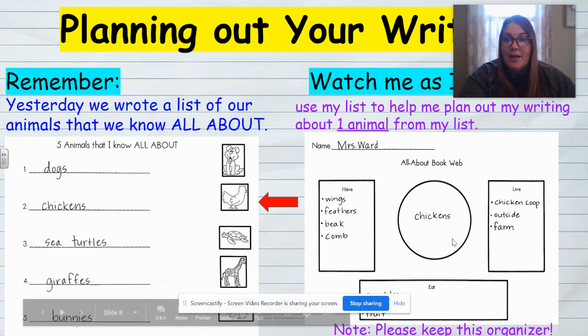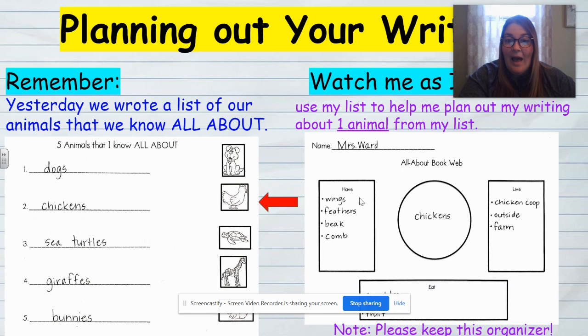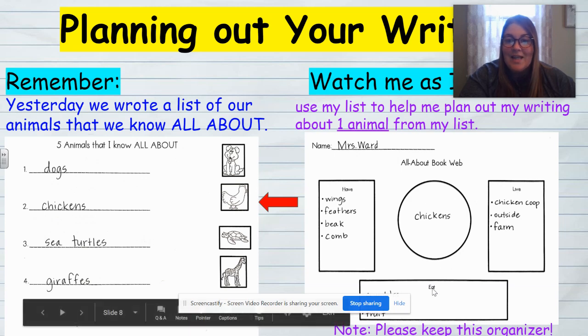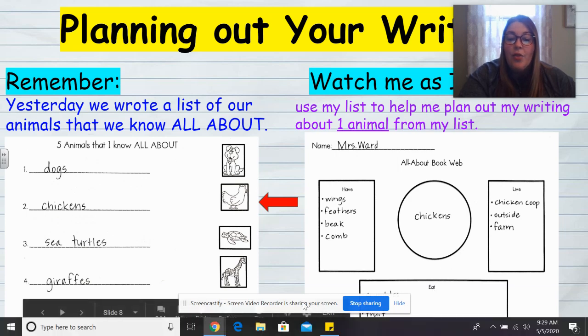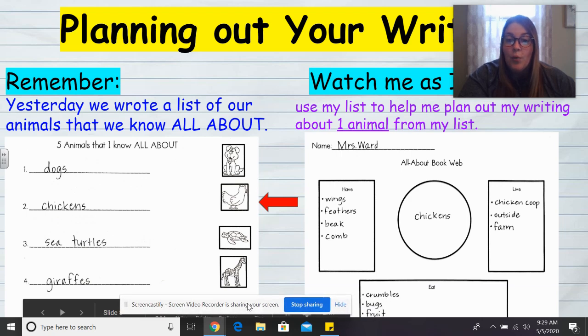So now that I've written in the circle, the other rectangles have a word in it. One says have, one says live, and one says eat. Those boxes are where we're going to write the information about that animal.